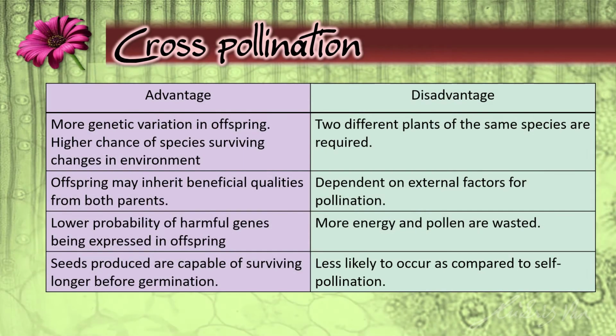But like I said, even though it has more disadvantages like wasted energy and so on, when it comes to survival in the long run, when there's a change in environment, cross-pollination is definitely the more likely scenario whereby a species can survive, because there will be individuals who are more adapted to the new environment that will survive and reproduce.